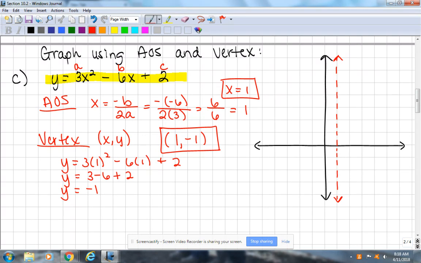And then the vertex should be on that dotted line. So you graph the point 1, -1: right 1, down 1. The vertex should always be on the axis of symmetry. I always just write a V, and AOS.